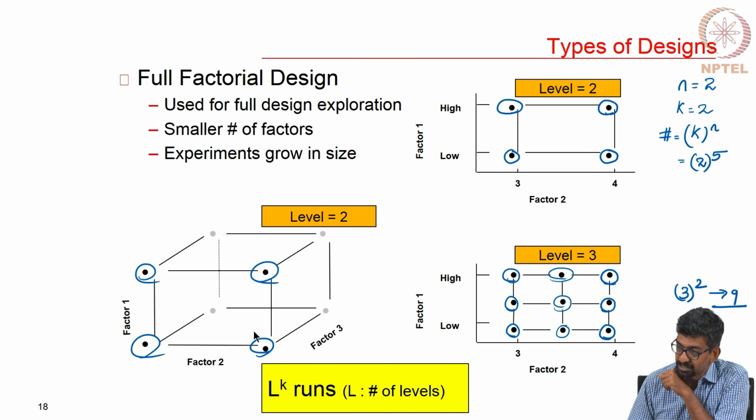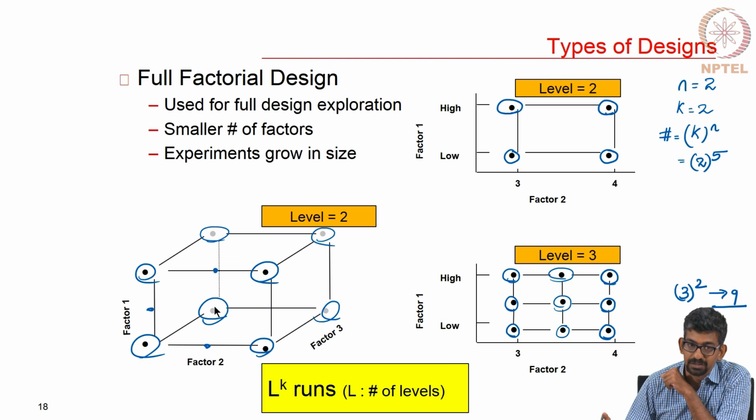When I brought factor 3, it immediately went up by another 4 points. Similarly, if I had done 3 levels, in this I just did 2 levels. If I did 3 levels, then I would have got 9 points just for 2 variables, and if I introduce the third factor, I would have got another 9 points, which is 18.